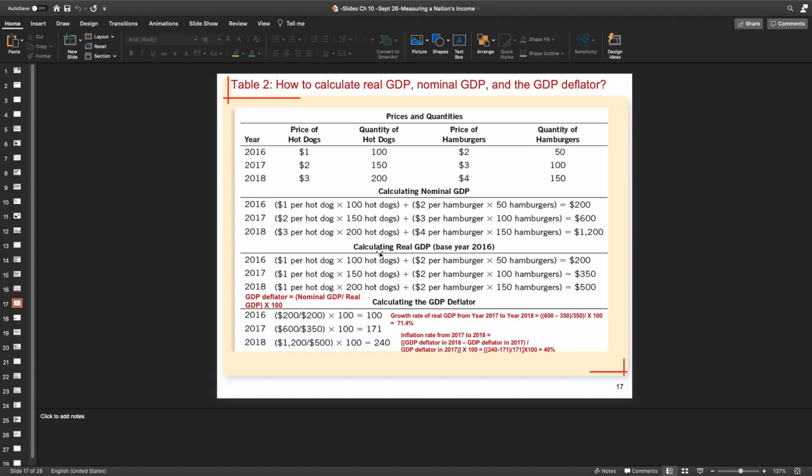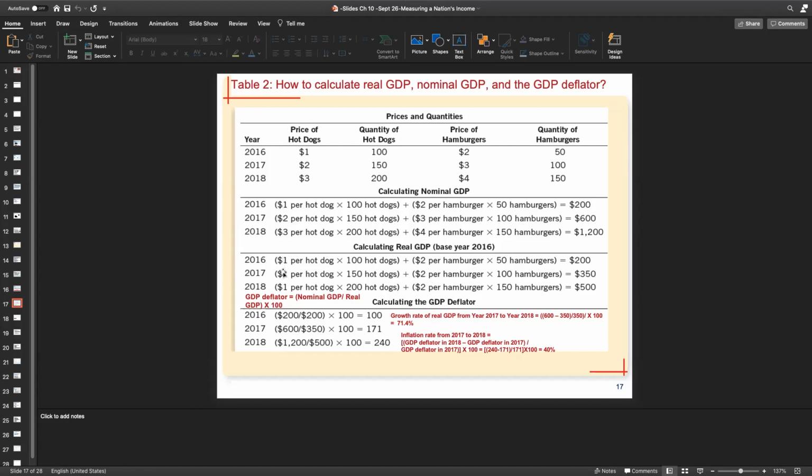If your boss was asking to keep the base year as 2017, in that case, the 2016 real GDP would also change. But right now, based on the base year 2016, we keep the price of the hot dog at the 2016 price of $1.